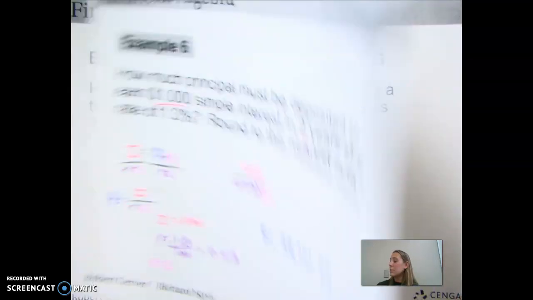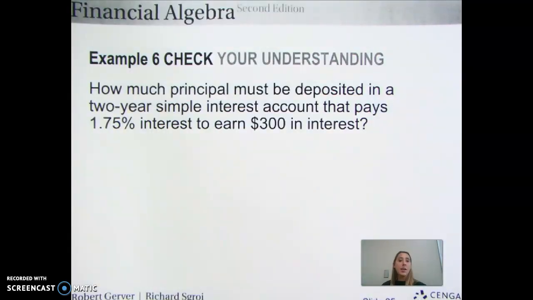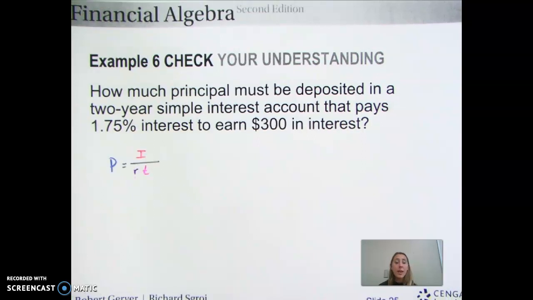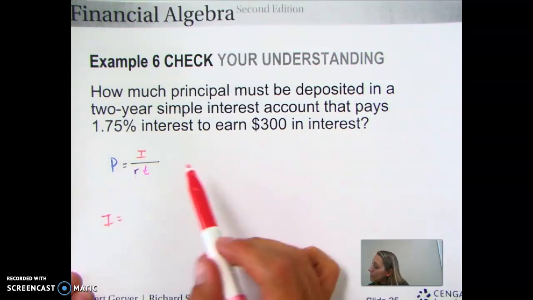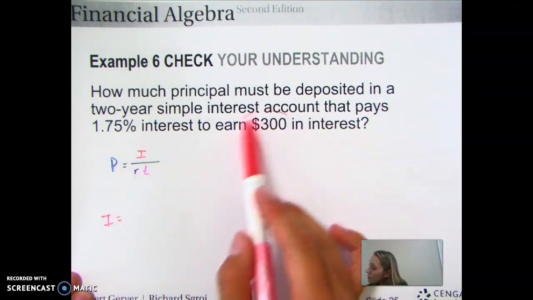All right, let's go to the next slide. We're going to do this one more time, and I would like everyone to try this one on their own. How much principal must be deposited in a 2-year simple interest account that pays 1.75% interest to earn $300? I have my principal equation set up. Now I just need to plug things in. My interest, my I, is equal to 300.